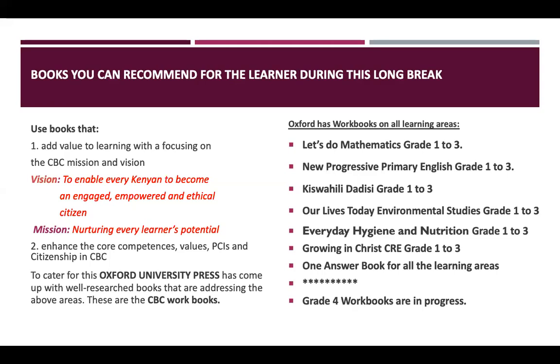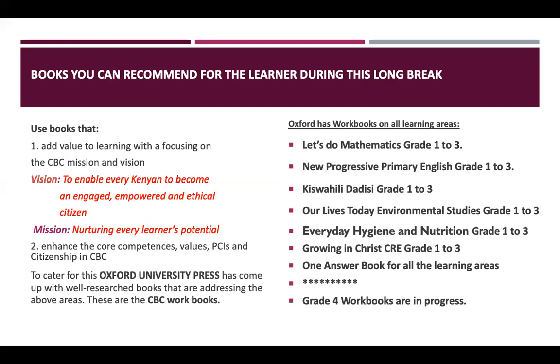For instance, the PCI that is happening to us and to the entire globe right now is the coronavirus, or the COVID-19 pandemic. So when you look at the PCI, or pertinent and contemporary issue, the contemporary issue we are facing as a globe right now is COVID-19. So how do we help the child?